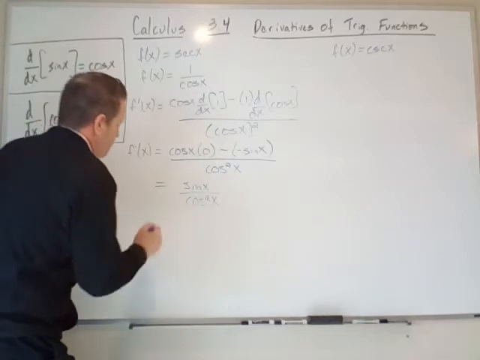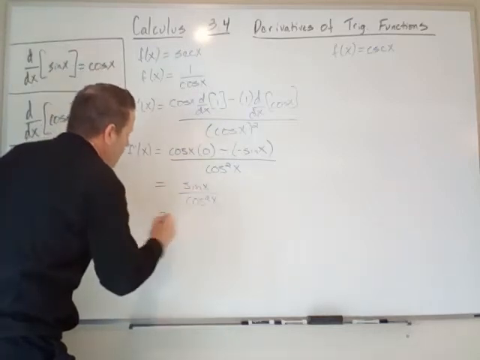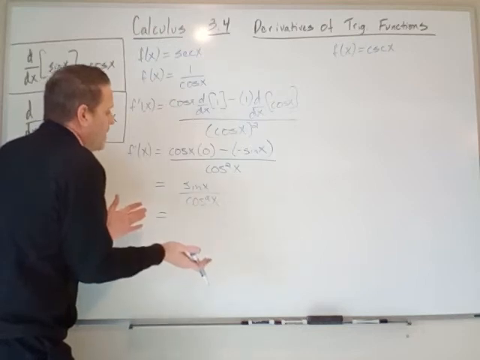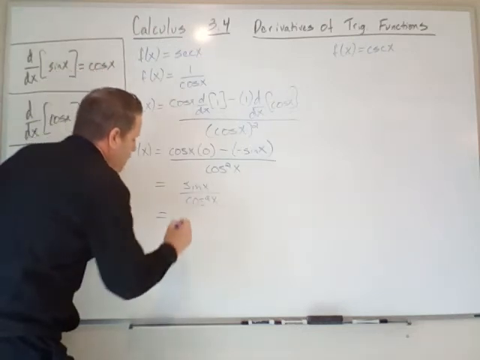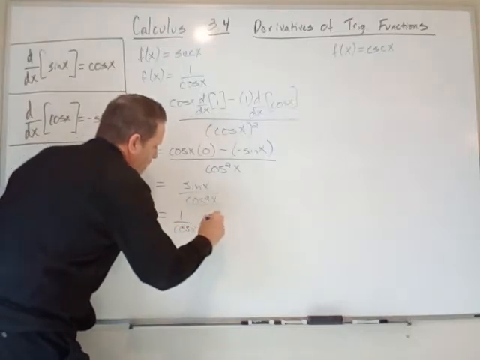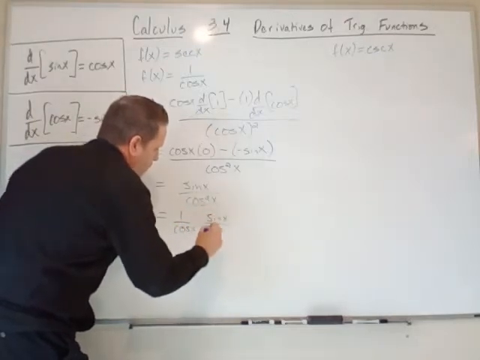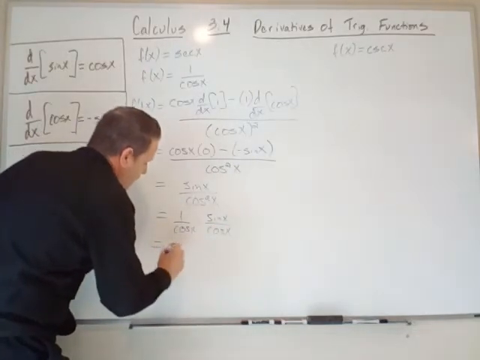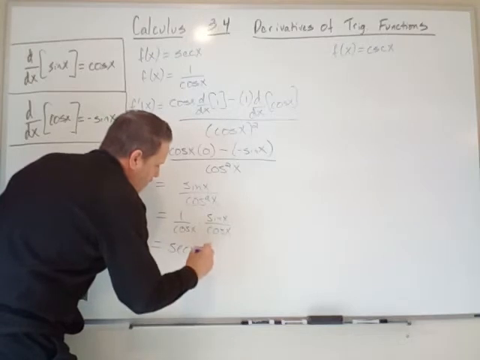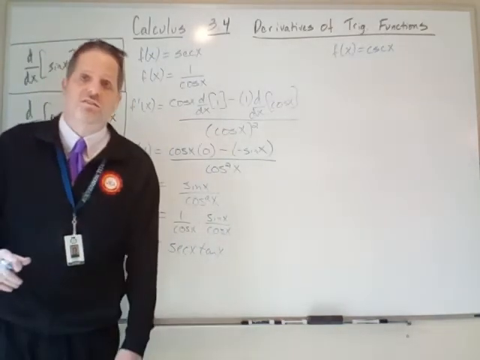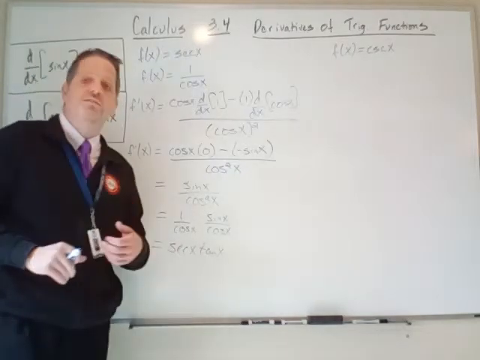However, I'm going to split it up and basically get rid of cosine in the denominator, and I'm going to make this 1 over cosine x times sine x over cosine x, which gives us the secant of x times the tangent of x. And it wouldn't be wrong if you said the tangent of x times the secant of x. They're trig functions.